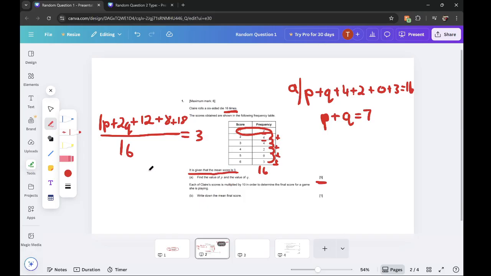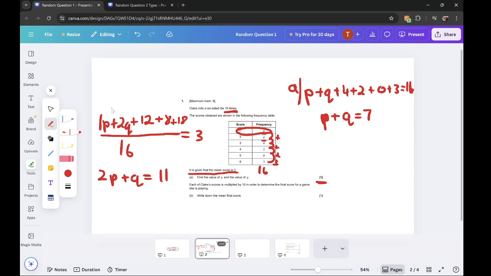Once we equate this, we solve the equation. We bring 16 over to this side. You get 1P plus 2Q plus 38 is equal to 48, and once simplified even more, you should get 2P plus Q is equal to 11.